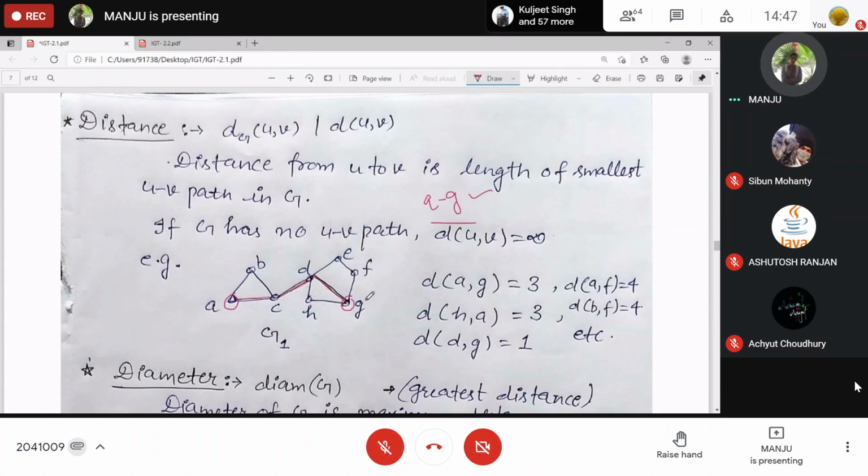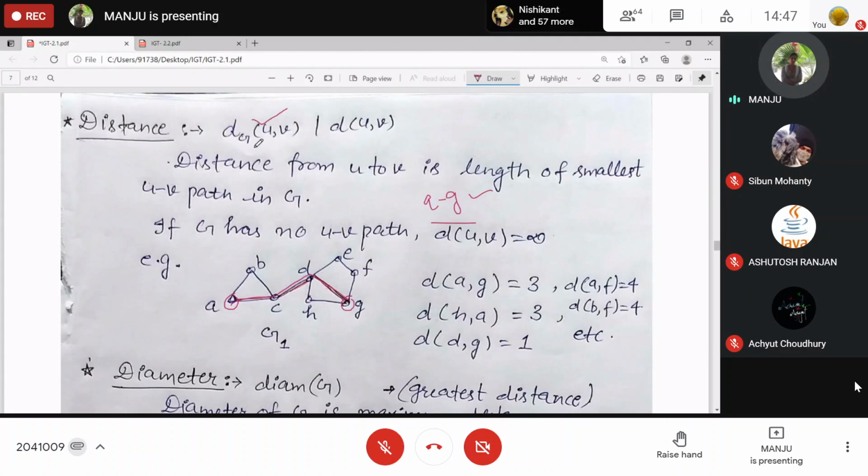Out of them, which one is the smallest path? A, C, D, G. This one. The length of this smallest path is determining its distance. Okay? And it's denoted by d(u, v).